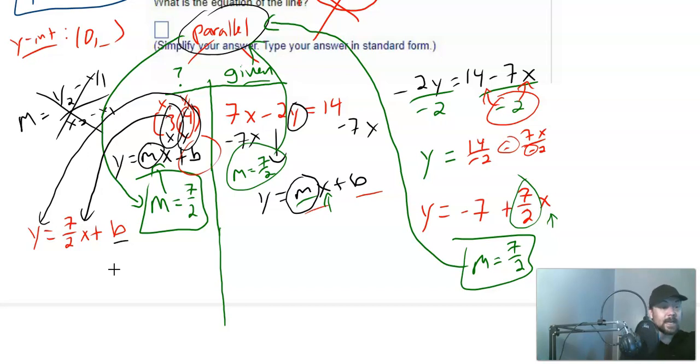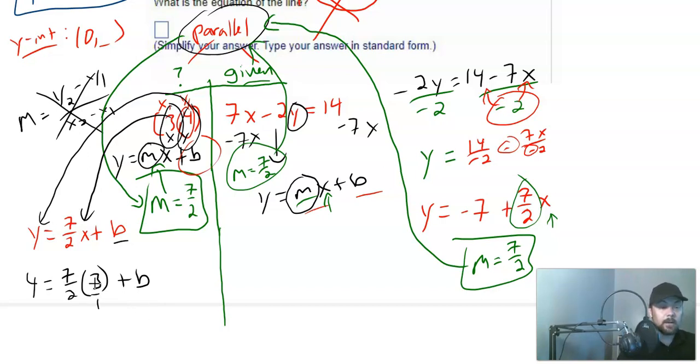I'm going to reset it back to x and y. But I need to find b first before I do that. So I'm going to plug in 4 for y, and I'm going to plug in 3 for x. And by doing that, by plugging this point in for x and y, the only letter left in my formula is b. So now I can solve for b and find out what b is equal to.